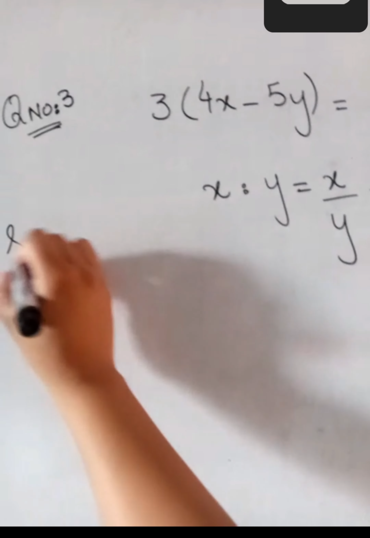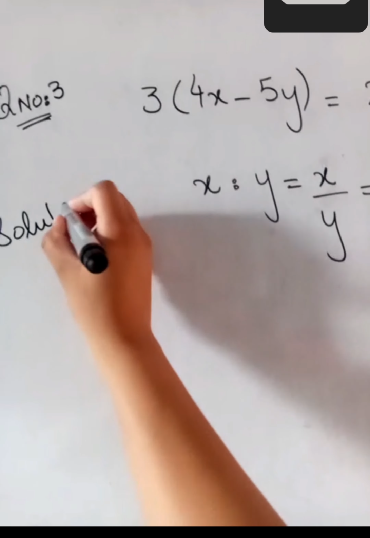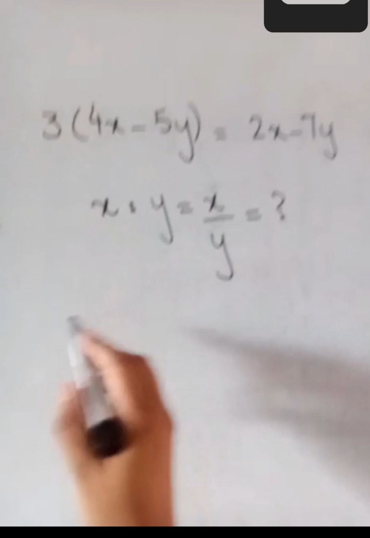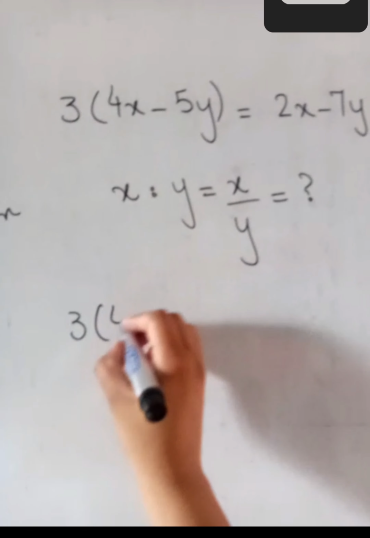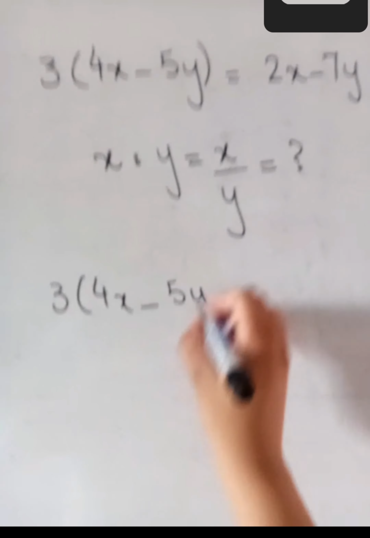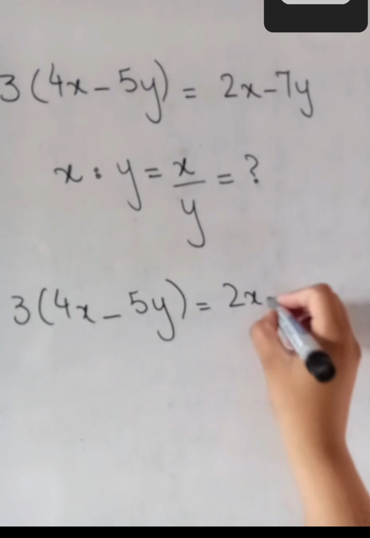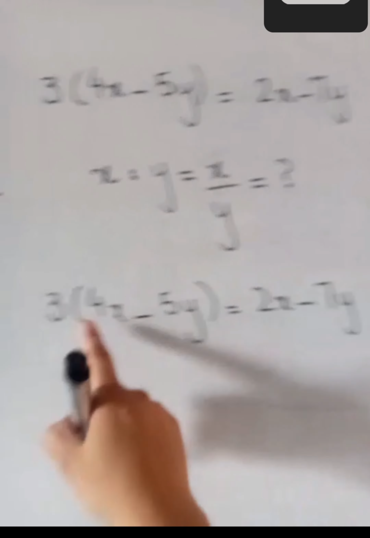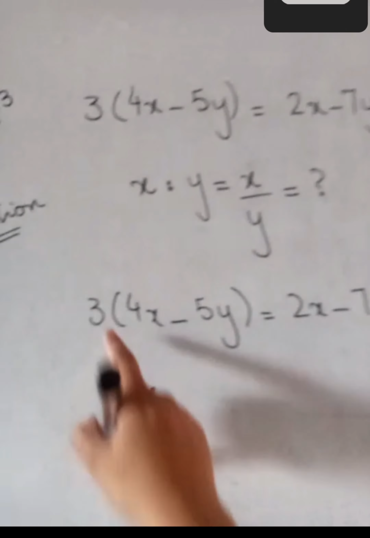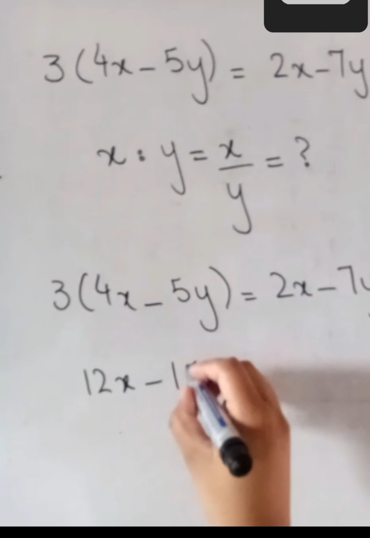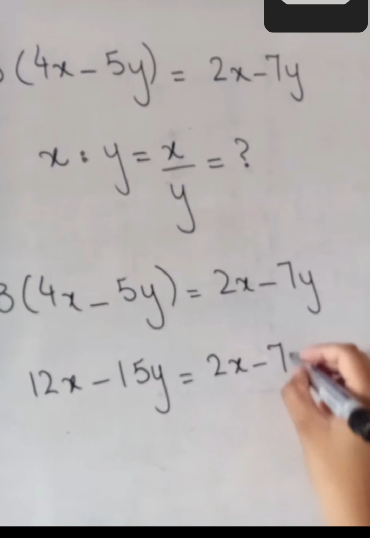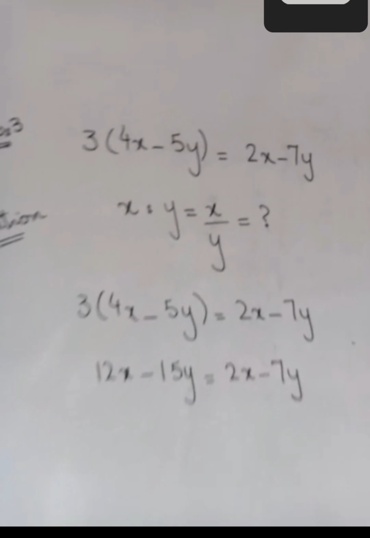Come towards its solution. 3 times (4x minus 5y) is equal to 2x minus 7y. 3 times 4 is 12x. Simplify them, multiplication, that is the product here. Minus 5 times 3 is 15y is equal to 2x minus 7y.